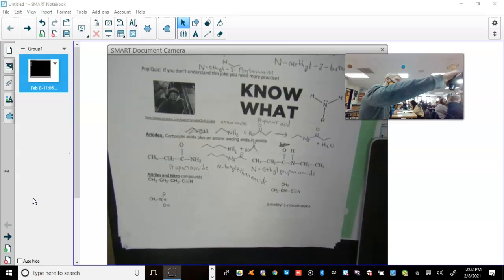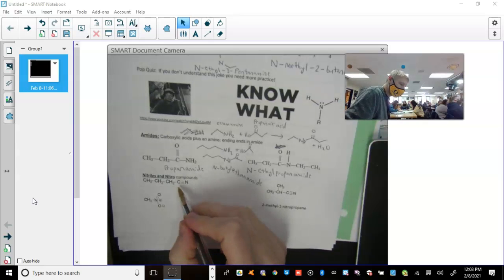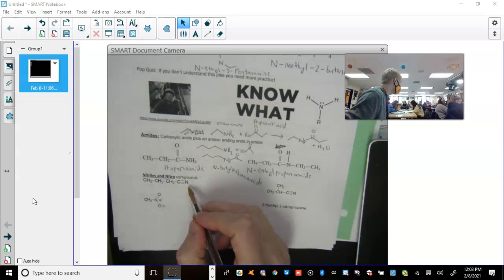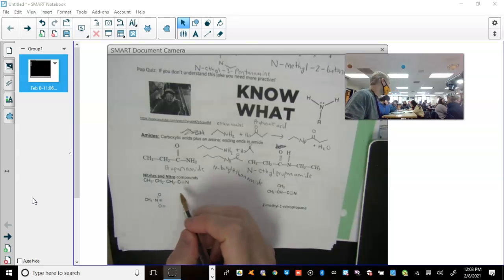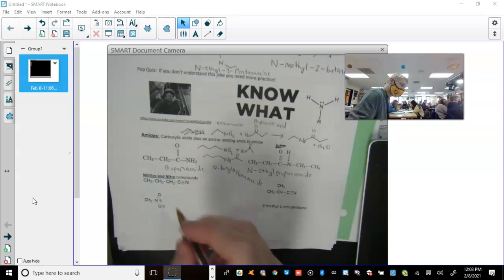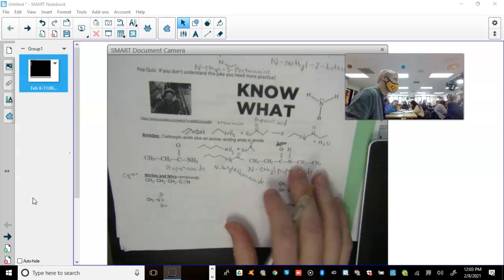All right, going to nitriles and nitro. IB is going to want you to know these. What we've got going on is C triple bonded to N, also known as cyanide. If this is a side chain, it's sometimes called cyano, off of the name cyanide.